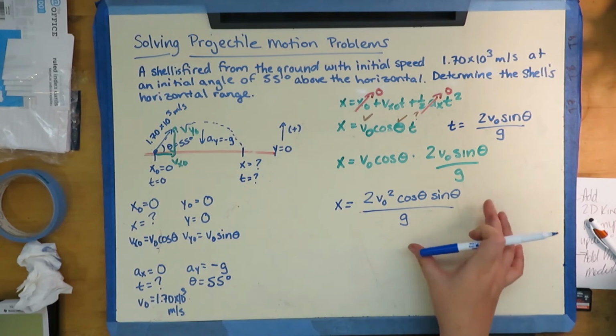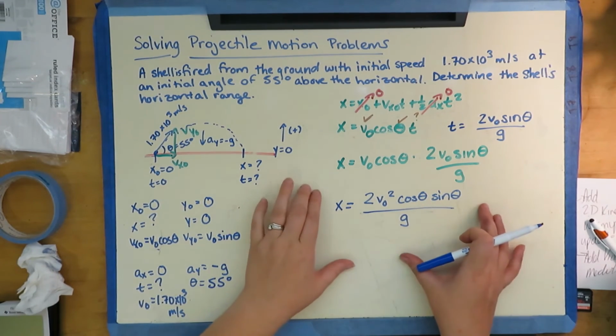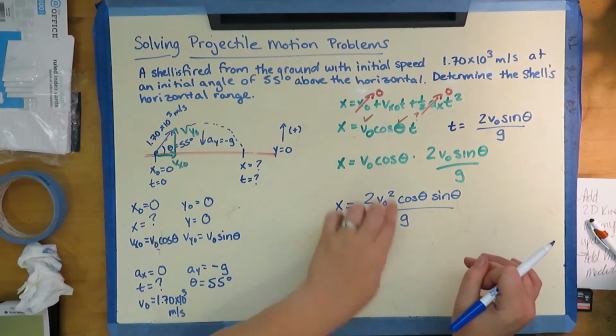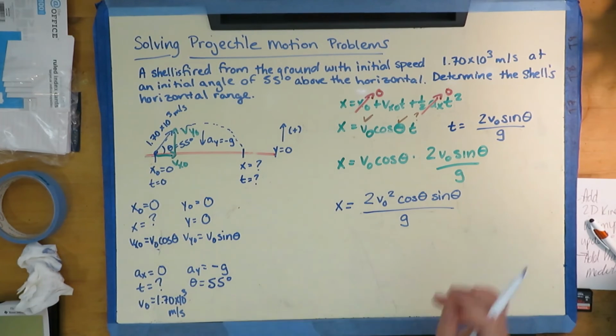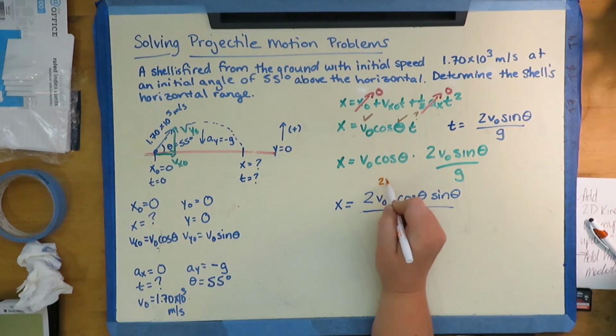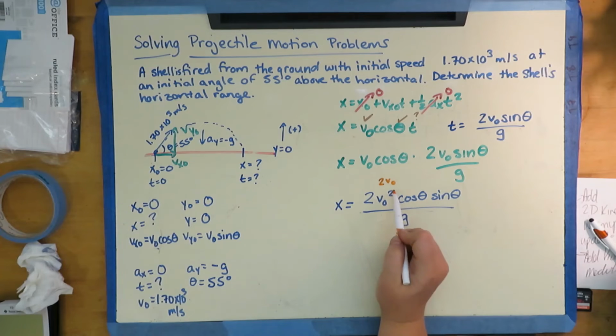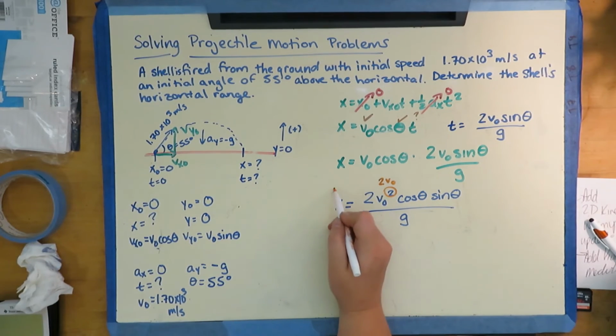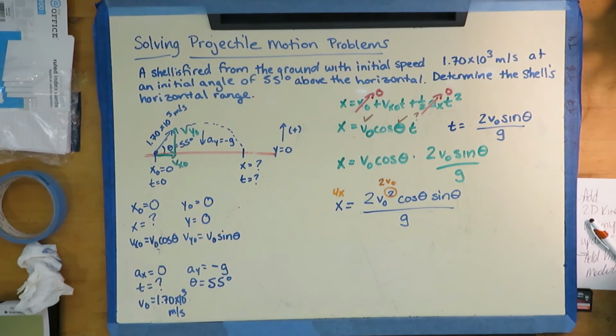But we have an ability here to figure out the effect of changing variables on the range. So what this tells me is if I were to double my initial velocity, because I have this square term here, I'm going to get 4 times the distance.